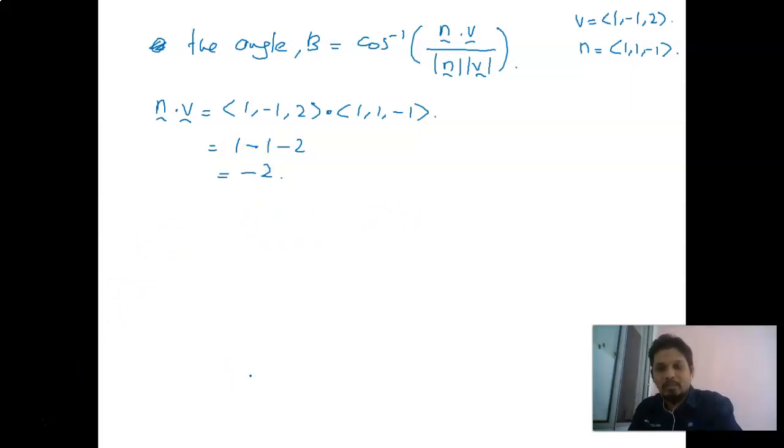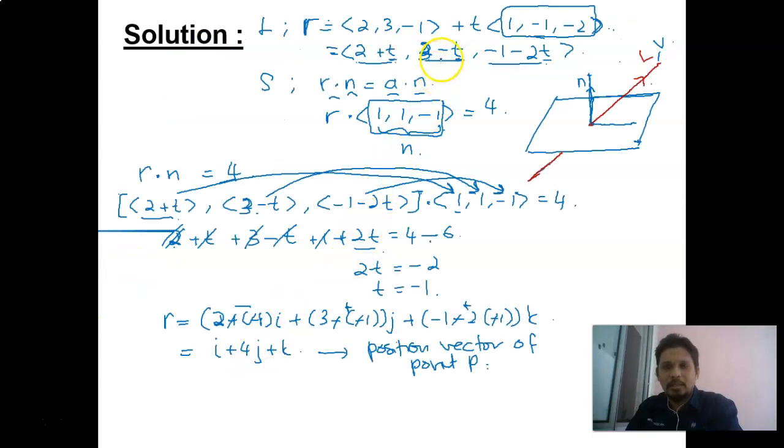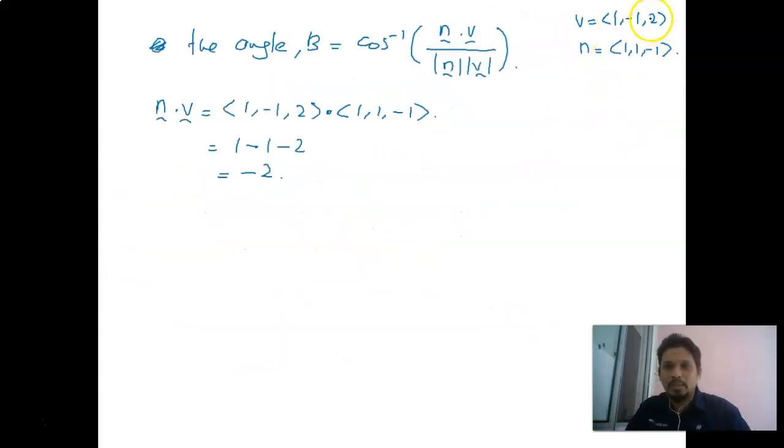Okay, I need to make a double check here. Oh yes, 1, negative 1, negative 2. So it's 1, negative 1, negative 2 here. Negative 1, negative 2 times negative 1 equal to positive 2. So it is 2 here.